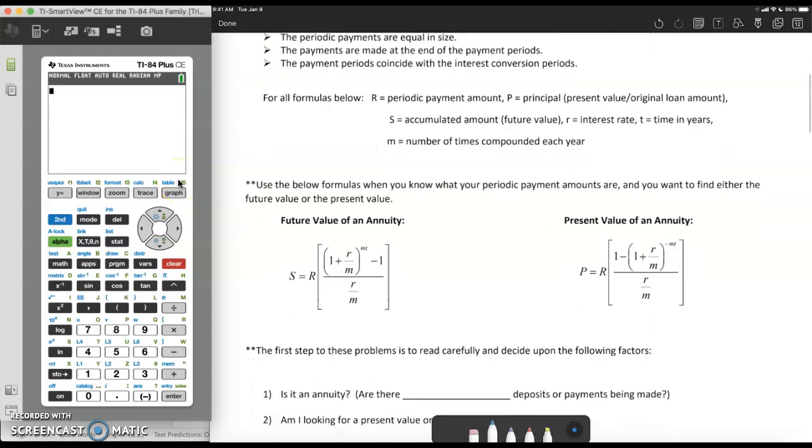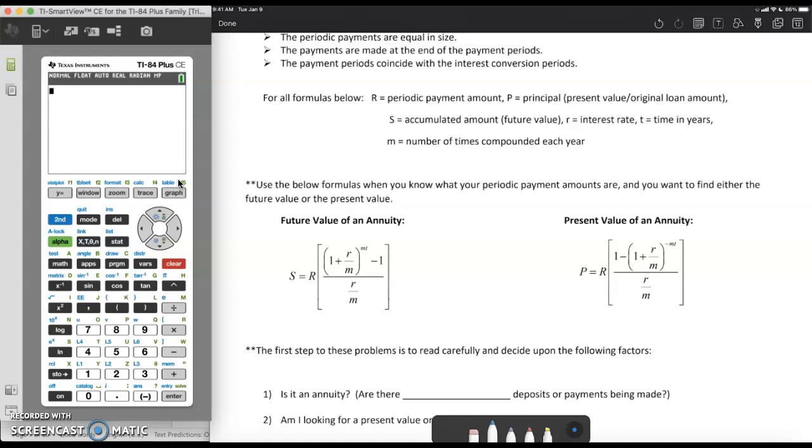For us, I use capital R as that periodic payment amount, because that's new. Everything else is the same. The principal is the same, the accumulated amount is the same, little r interest rate is the same, and time and number of times compounded. We've already used all those variables. The new thing for this section is capital R, that periodic payment that you're either making to someone or depositing into some account for yourself.